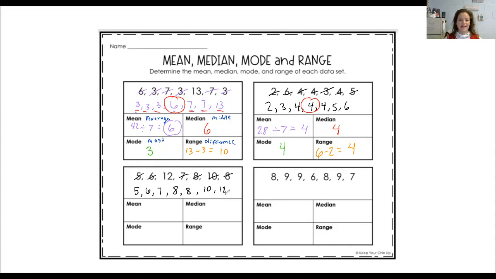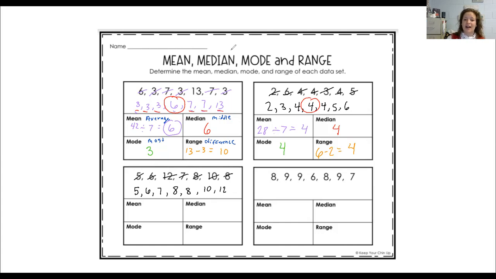Okay, so we're looking at that, and we've got 5, 6, 7, 8, 8, 10, and 12. So we have that in ascending order. We can now use our other terms here in order to find what we need to know.